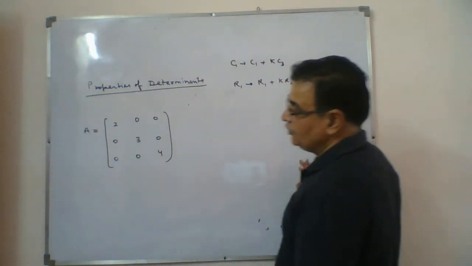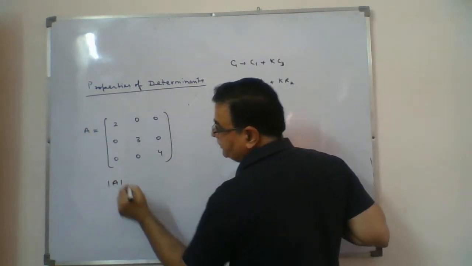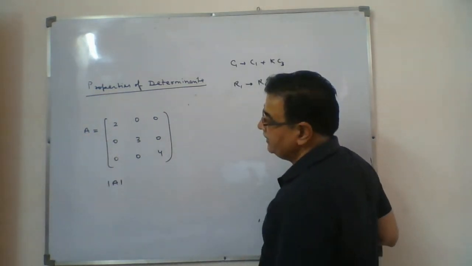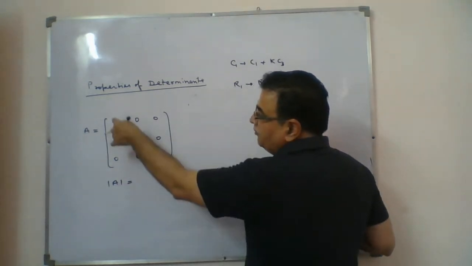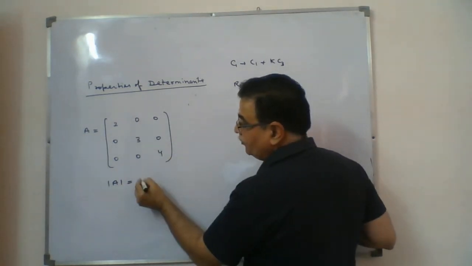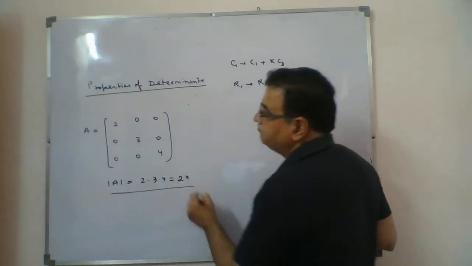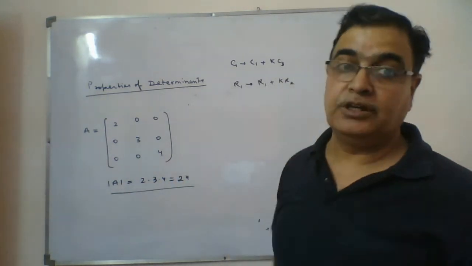If I ask you to find the determinant of this matrix A, then simply multiply the diagonal elements. That will be 2, 3, 4, which is 24. But this is only for the diagonal matrix.